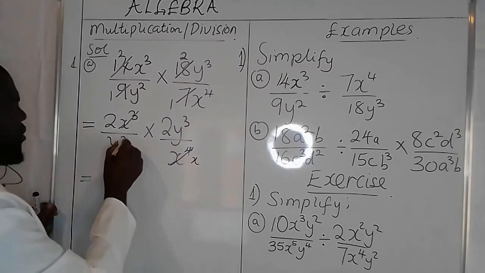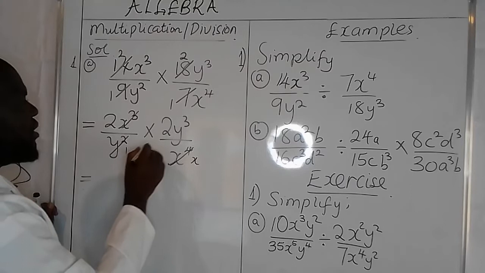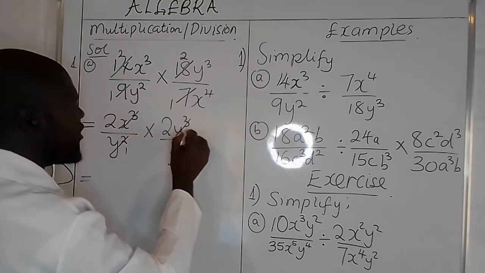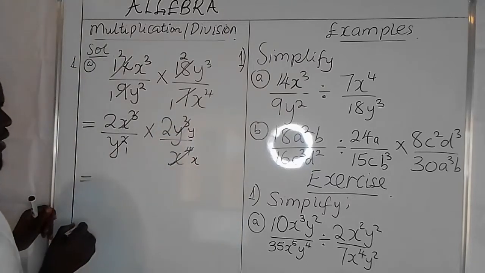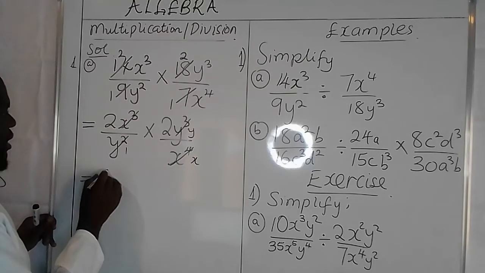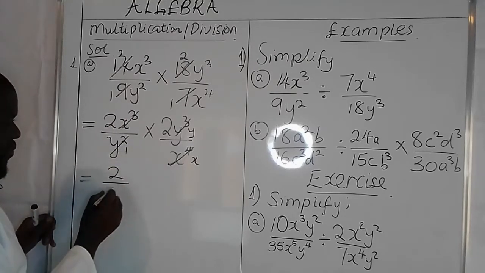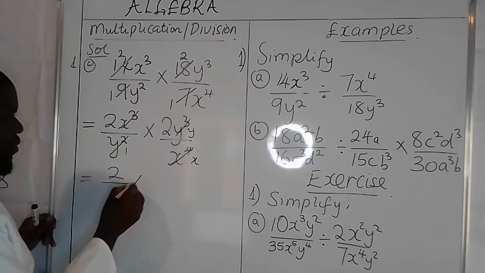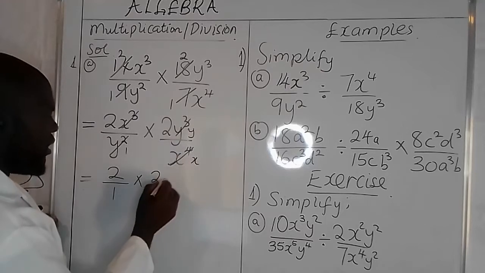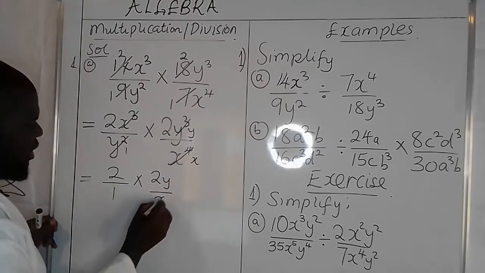And y^2 is 1 and y^2 into y^3 we shall remain with the y. So altogether on the numerator we shall have 2 out of the denominator 1, multiplied by 2y out of x.